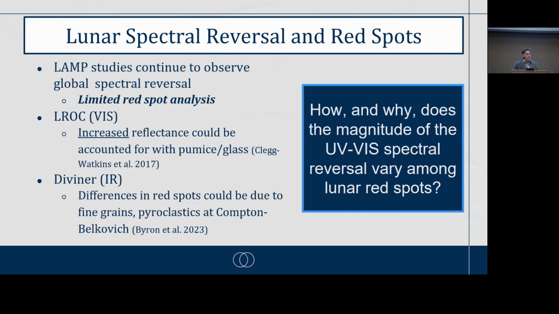In the visible, lab studies revealed that increased reflectance at these red spots could be accounted for by the increase of pumice or glass. And then in the IR, moving wavelengths a bit, the differences in these red spots could be accounted for by fine grains on their surface, and particularly at Compton-Belkovich, perhaps pyroclastic materials.